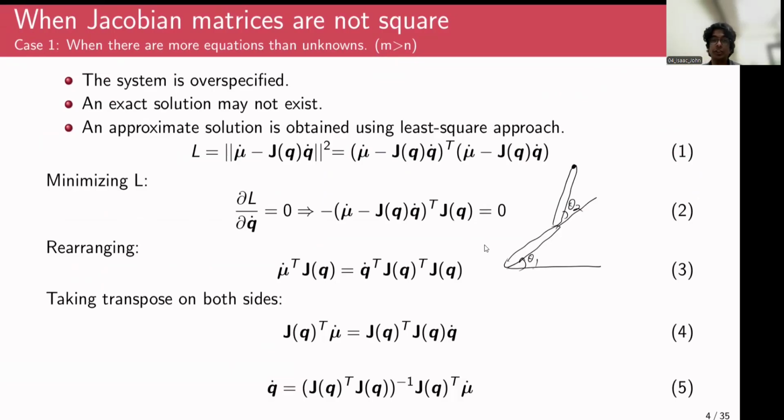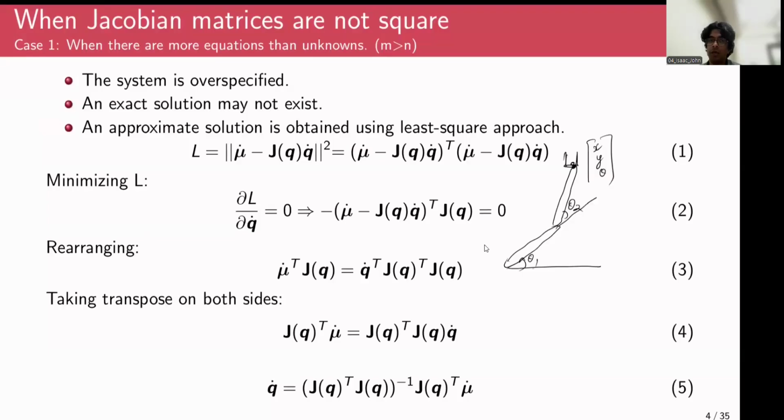And suppose you wish to control 3 coordinates or 3 variables, be it x, y, and theta, right? So apart from the usual Cartesian positions x and y, you also wish to control the orientation theta of the end-effector. But then it's still an RR manipulator. You still only have two joint variables, theta 1 and theta 2.